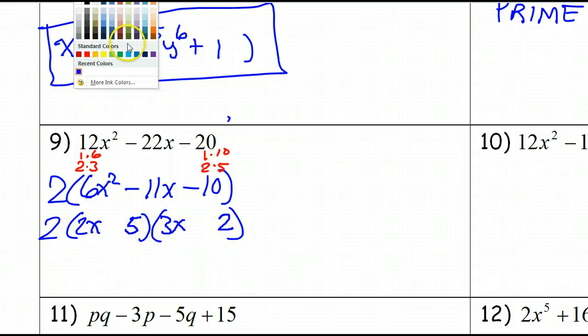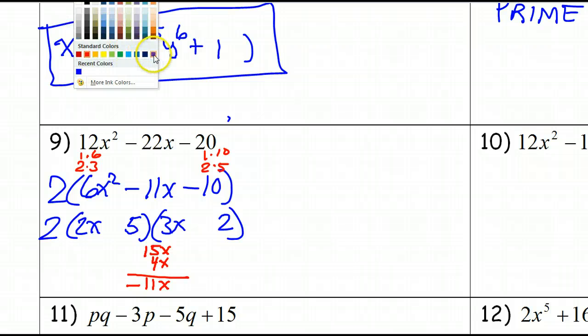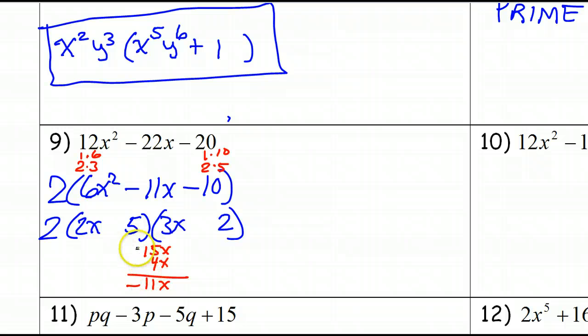Okay, now let's check the inner, outer, middle situation. Inner, I have 15x. Outer, I have 4x. The inner plus the outer must equal the middle, which in this case is negative 11. Can I get it if I pick the signs right? Yeah.